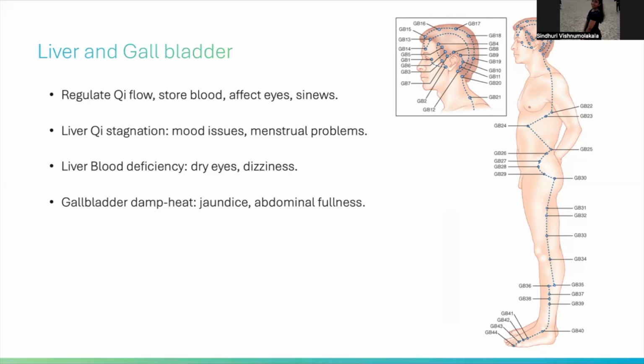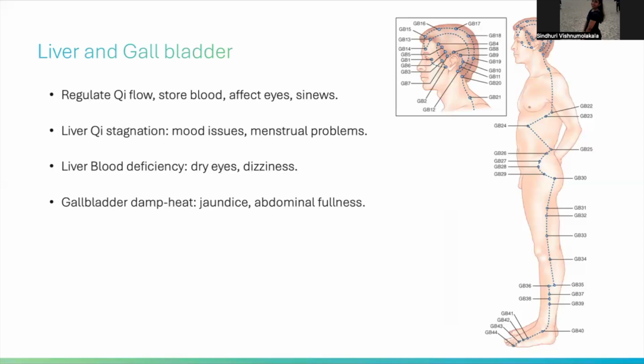It plays a crucial role in women's menstrual cycle and sexuality, as it is responsible for storing blood when at rest, and has control over the lower abdomen. Depression of the liver ki is often the main cause of gynecological disorders like menstrual irregularities and painful, swollen breasts.